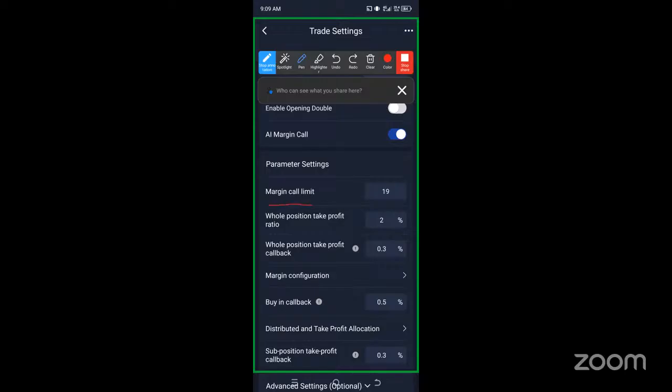If my entry point is here with the first buying amount, and I have predicted that when the market comes down, the robot will be using $5 to buy for me until it reaches 19 times, there is another possibility that the market will go up.